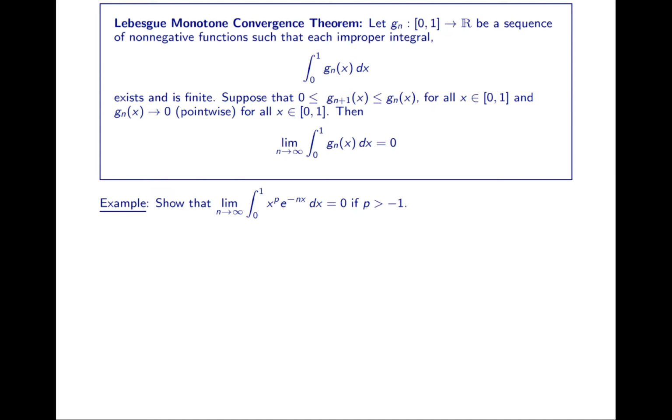So let's take a look at an example. Let's show that the limit as n goes to infinity of the integral from 0 to 1 of x to the p times e to the negative nx dx is 0 so long as p is greater than negative 1. And we're going to use the Lebesgue monotone convergence theorem, or the LMCT for those in the know.